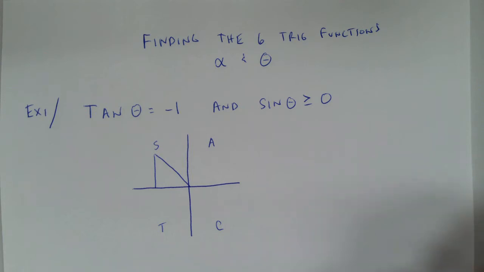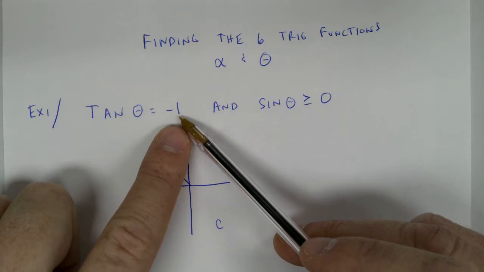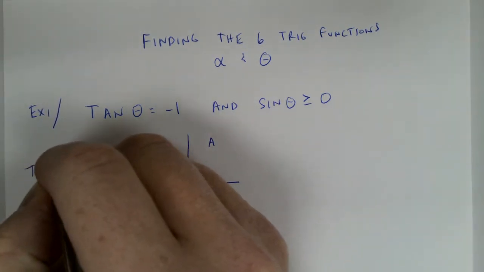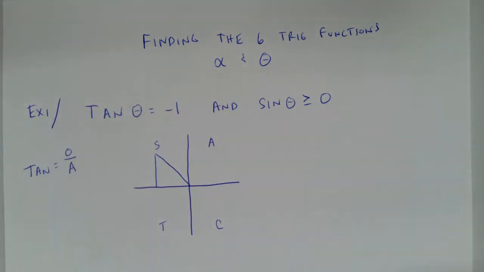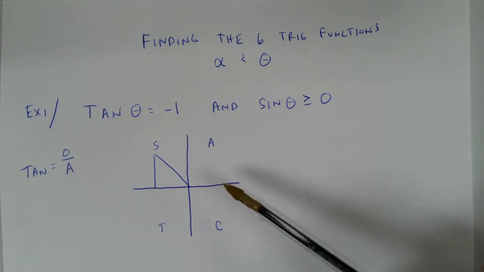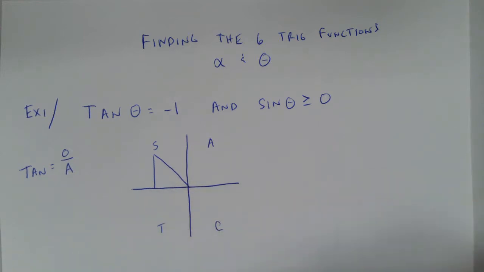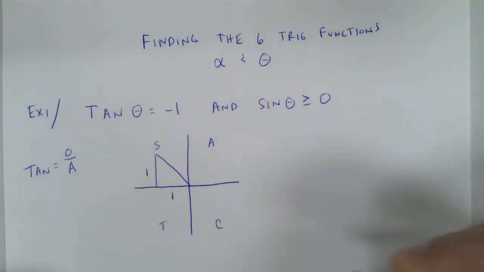Now, if tangent is -1, we know that tangent is opposite over adjacent. So what values in our special triangles are going to get us a -1 where it's opposite and adjacent? Well, that's got to be a 45, 45, 90 triangle.